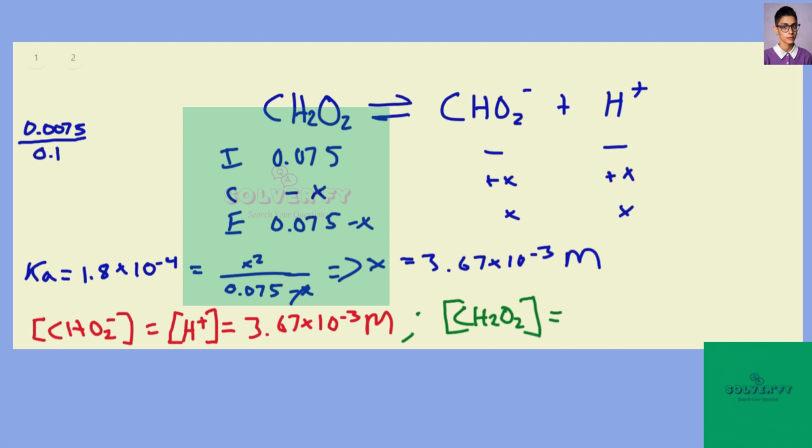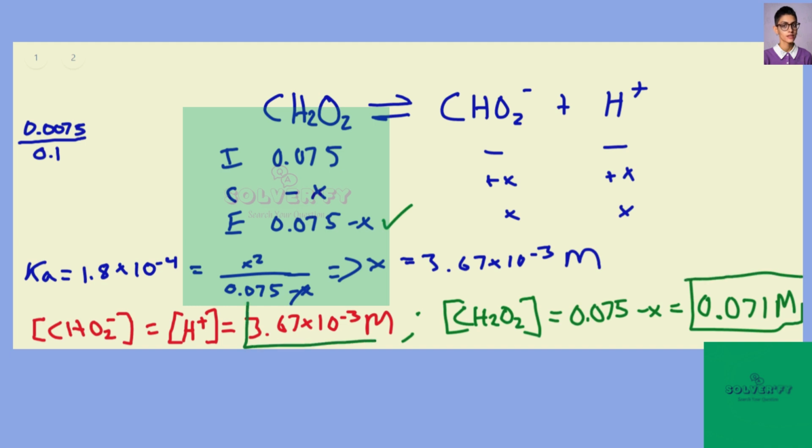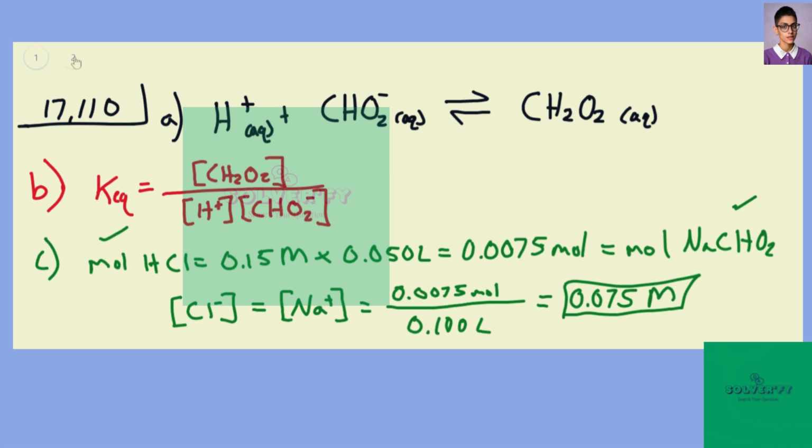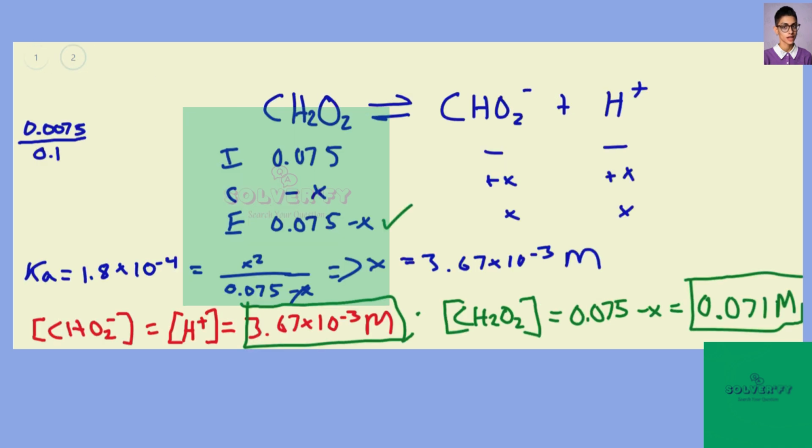So all we have to do is subtract X from 0.075, as is described here in our equilibrium concentration, and the value that we get is 0.071 molar. So those are our 5 values for concentrations.